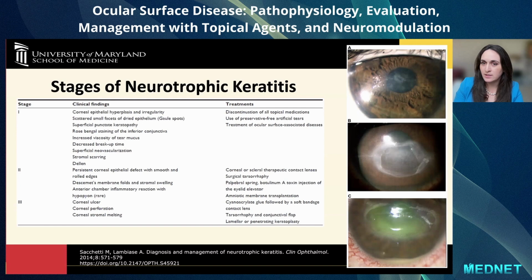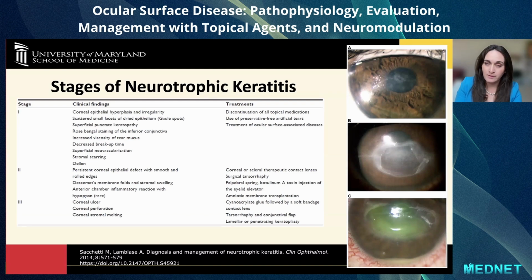For treatment, you want to think about stopping all topical medications that are not necessary, converting the medications to preservative-free formulations, and then treating ocular surface associated diseases or inflammatory diseases. You can also think about corneal or scleral contact lenses.